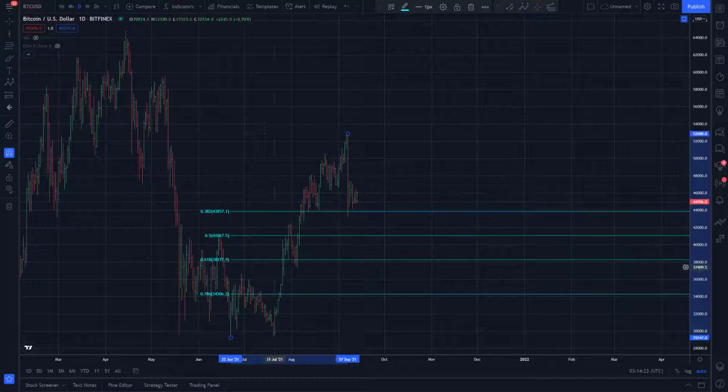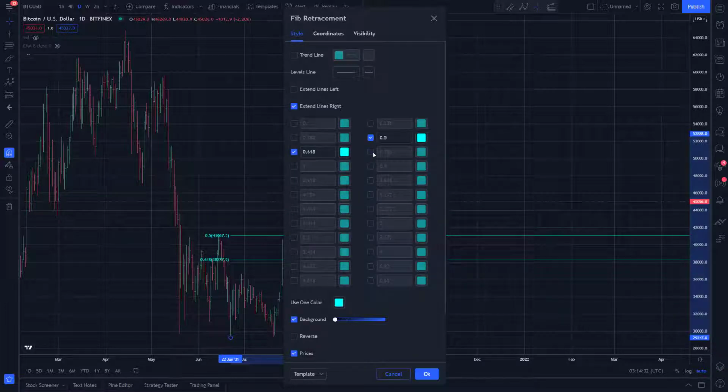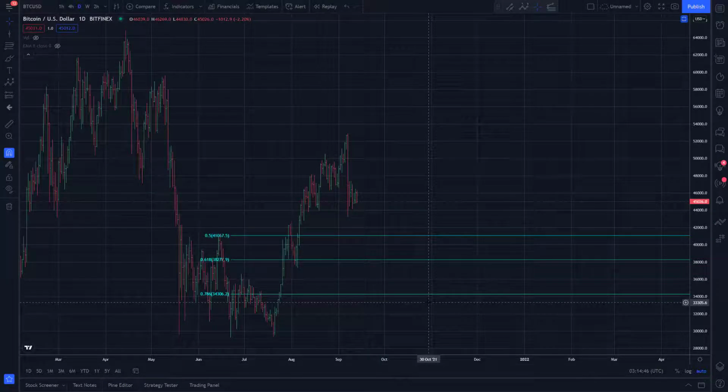So if I measure this entire move up as our B wave, then some common levels would be the 50%, 618, 786. So if we only get a 50% retracement, that would get us to 41 and change. I think we'll go below that. But 618 would get us to 38 and change. 786 would be 34,000 and change.